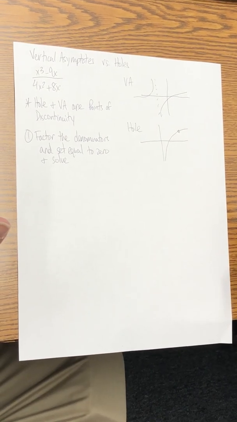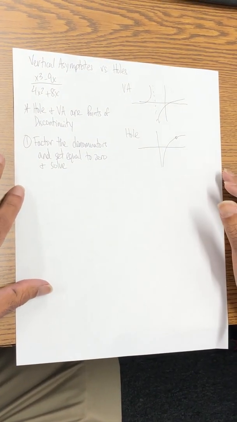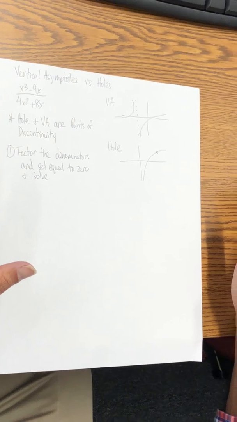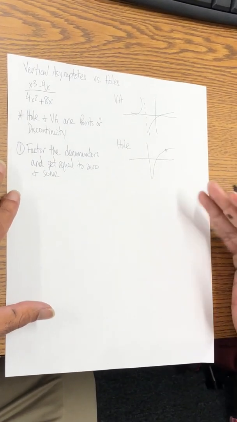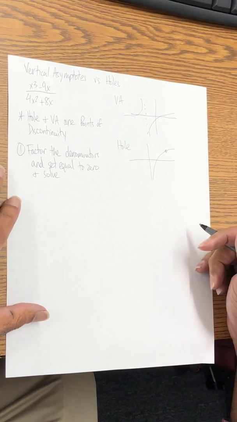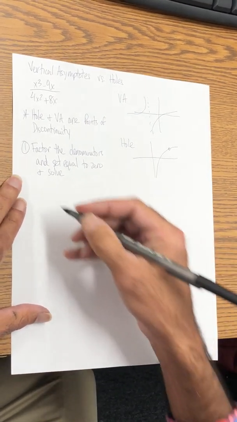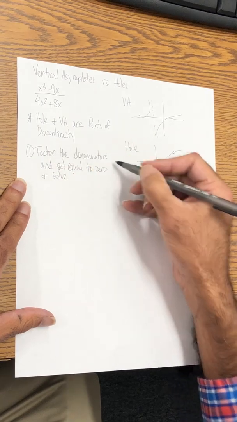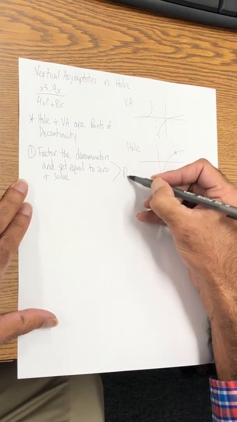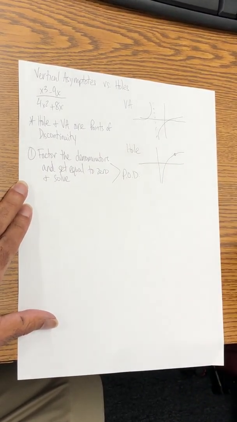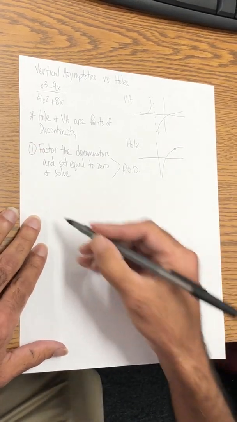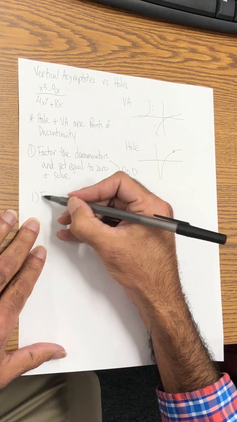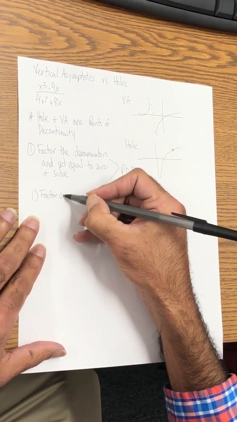Now, normally, we would only look at the denominators. But to figure out which one is which, we have to first factor everything. So, this right here will tell me if it's a point of discontinuity, but it will not tell me if it is a vertical asymptote or hole. Instead, today we're going to factor everything.